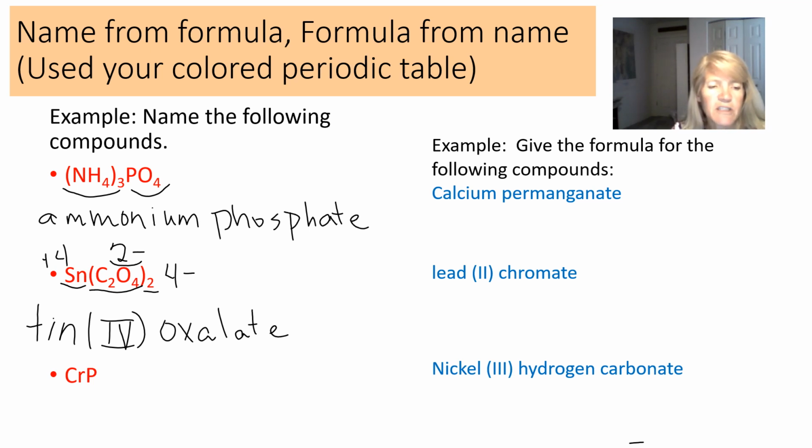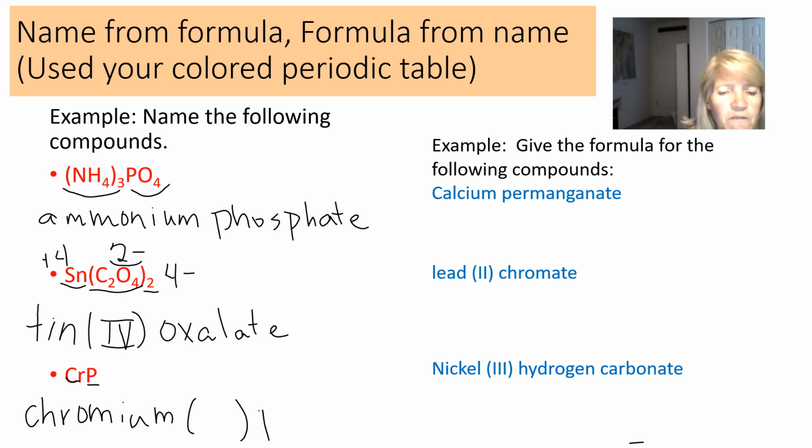All right, next one, Cr, that's chromium. Does it need a Roman numeral? It's a transition metal, yes. So I'm going to leave a space for my Roman numeral and come back to it. This piece, P, it's not polyatomic, so it's going to be an ide. And it's phosphorus, so it's going to be phosphide.